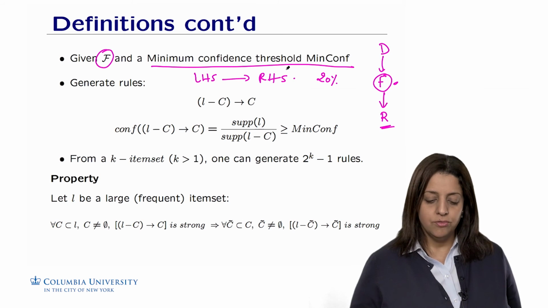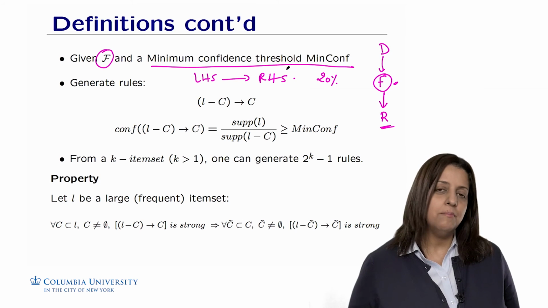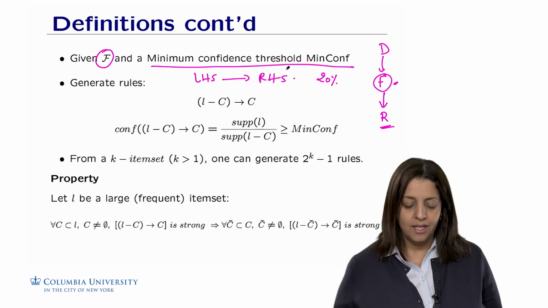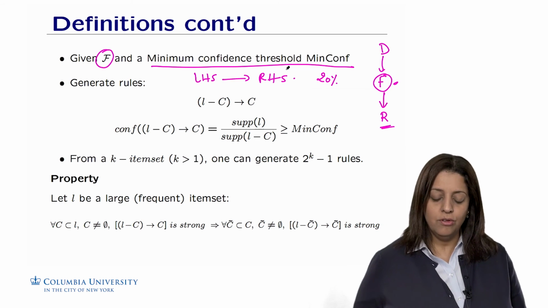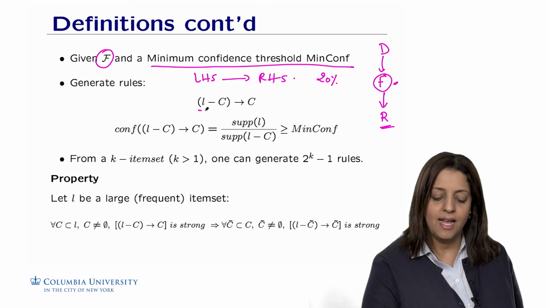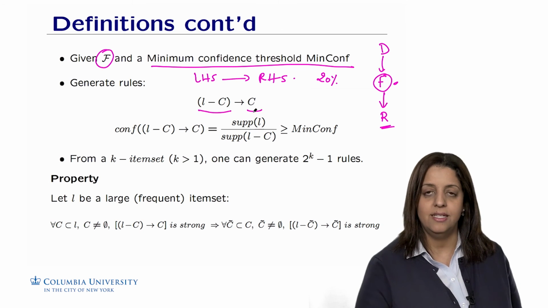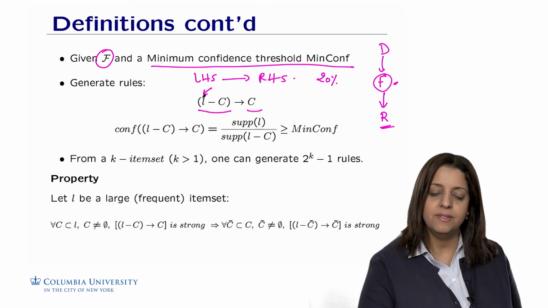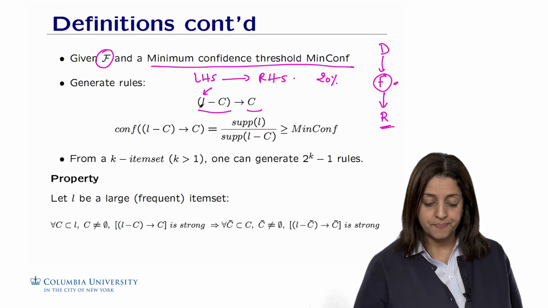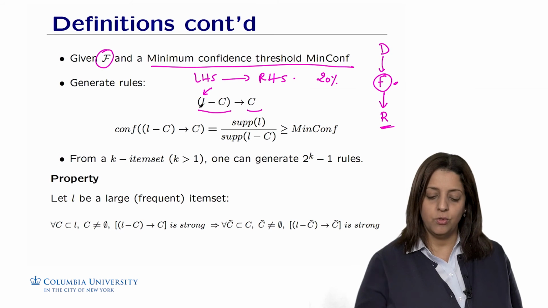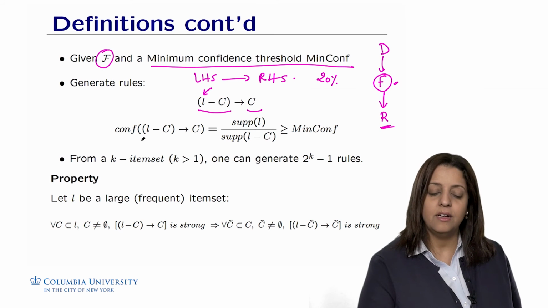One way to generate the rules and avoid another potential bottleneck, given that the process is exponential in the size of the item sets, is to generate all the rules in which the left-hand side is L minus C and the right-hand side is C. L is the frequent item set; remember, the Apriori framework calls it large when it is frequent. I generate those rules and check their confidence.